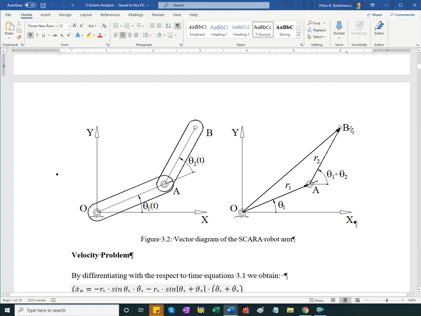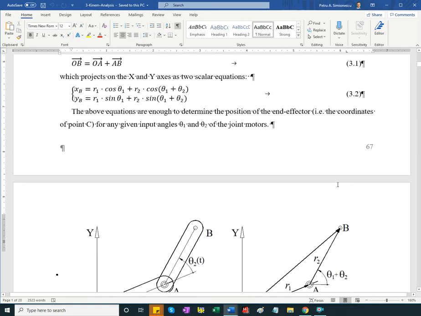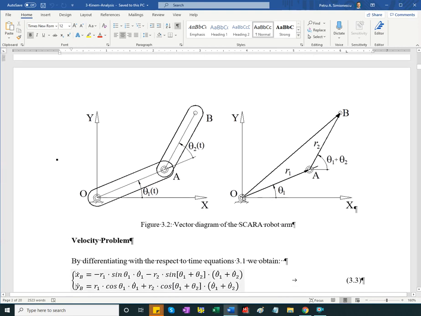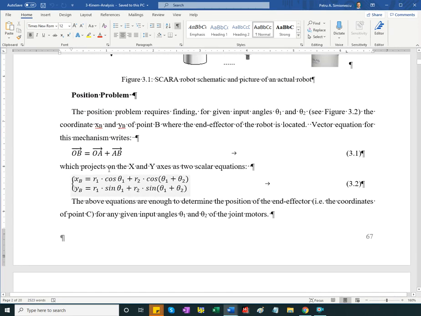It's going to be x of B and y of B. Alright, so we start with the vector loop. I say OB equals OA plus AB. And then we project this equation over x and y. And OB projects as XB and YB on the fixed reference frame.